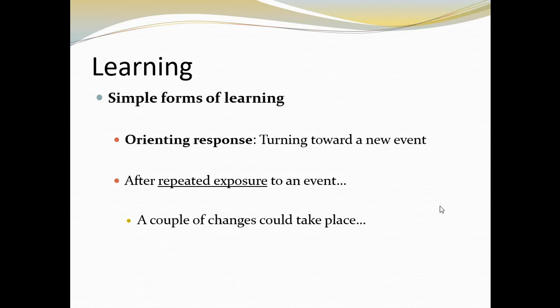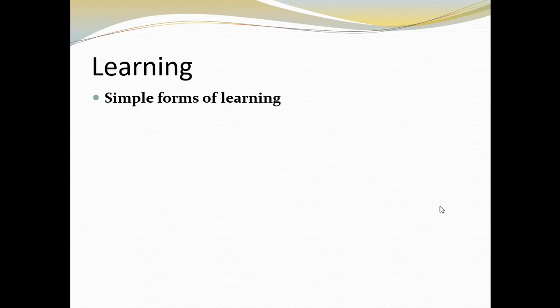So if you see or experience something new again and again and again, one of two things typically happen. The first one gives us our first term in terms of a simple form of learning, and that's habituation.